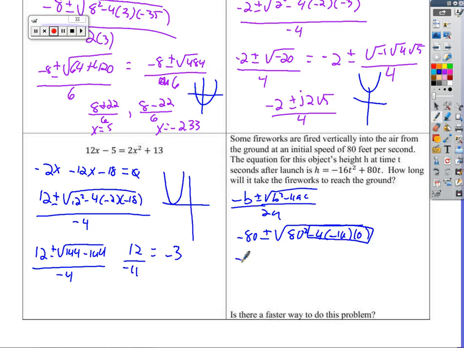So I'm just going to have negative 80 plus or minus the square root of 80 squared just gives me 80. So this here is going to be negative 80 plus 80, which gives me 0, or negative 80 minus 80, which gives me negative 160. And this now makes absolutely no sense to me.